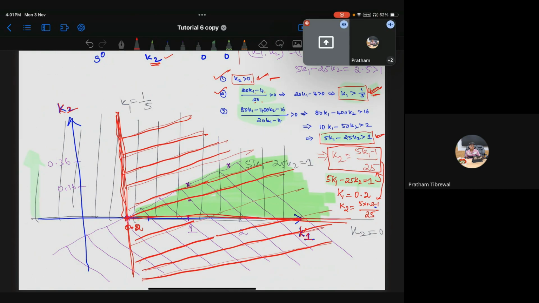What is that value? That will be 0. Yes or no? 0.2 means 1 by 5, so 1 minus 1, 0, by 25.